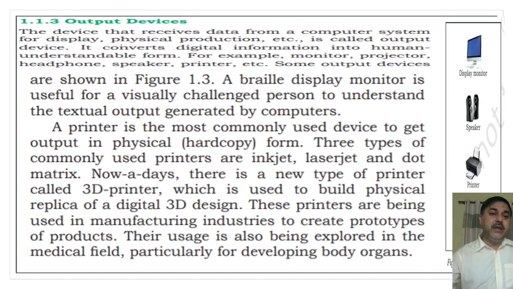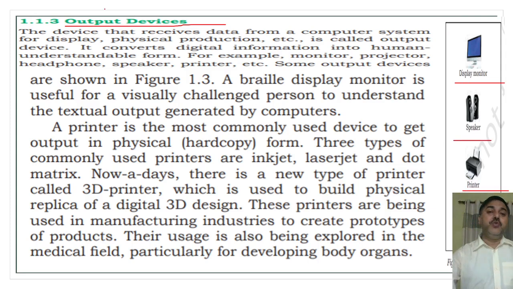Now you see another thing that is known as an output device. Very common things, like the monitor, the display monitor, the speaker, the scanner, the 3D printer, so many things are there.